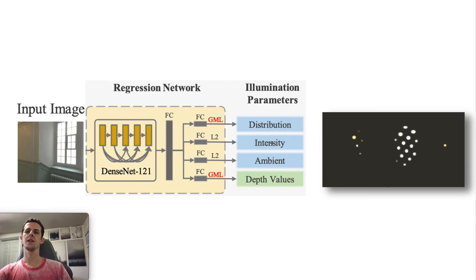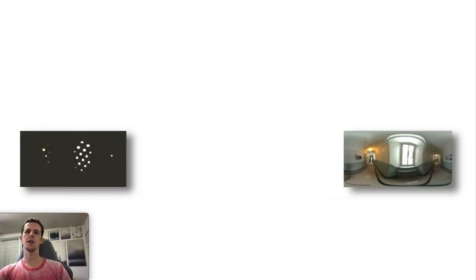So you have the light intensity, the ambient, which is basically a single color that can represent all this black region here, so it's the average of the entire image. And you have depth values too, so you can place the lights at some distance in the image.